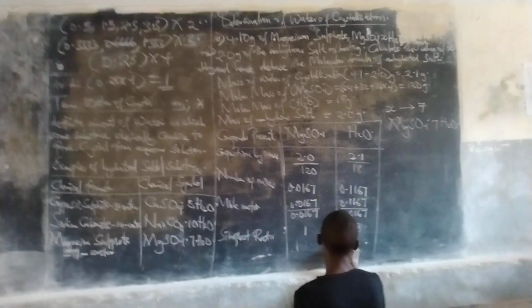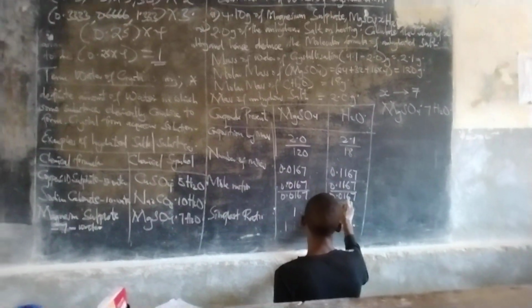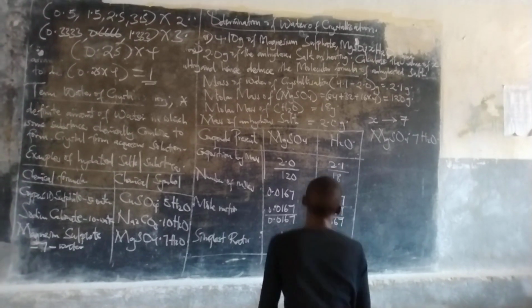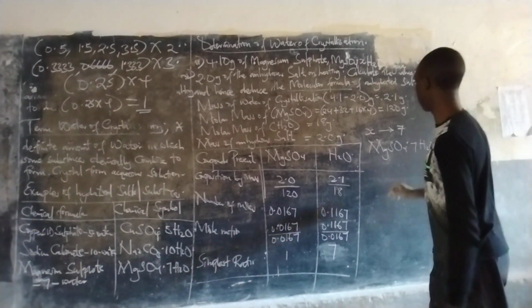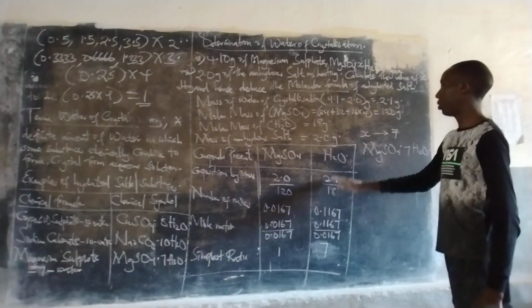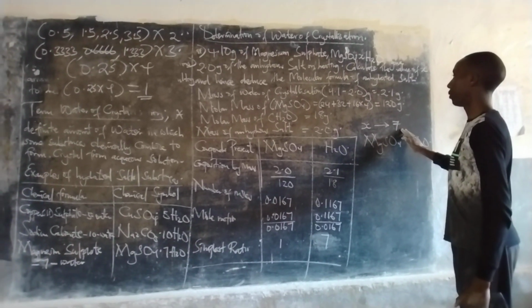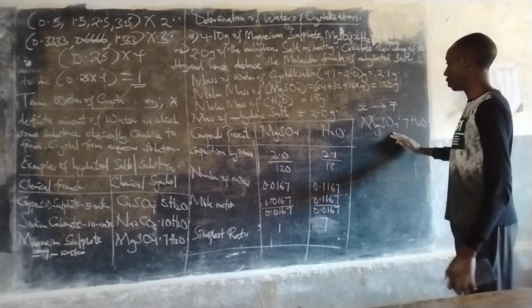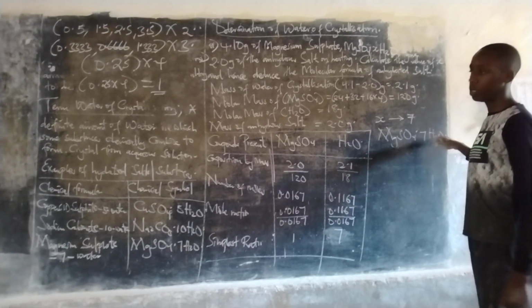So if you round off, actually we are getting exactly 7, and that's our goal. So that means the value of x that we are interested in is this. So that means the molecular formula of this hydrated salt is given as magnesium sulfate heptahydrate.